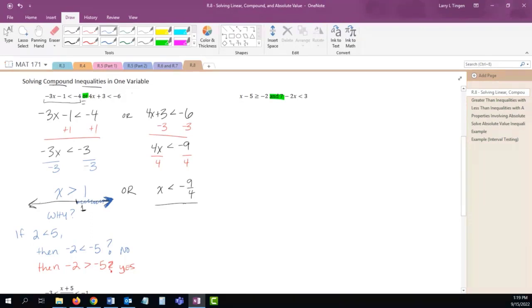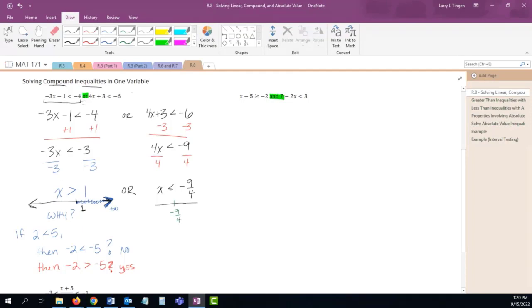When is x greater than 1? All the numbers greater than 1. That goes on forever, and forever for us to the right is positive infinity. How about the other side of this? Well, x is less than negative 9/4. Okay, let's get negative 9/4 on the board.